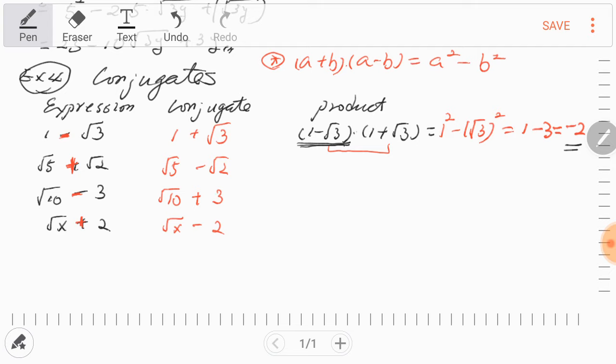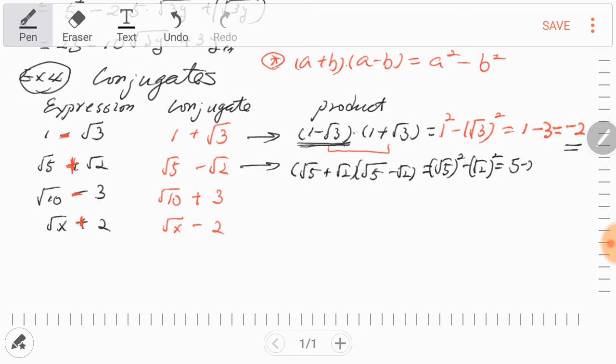Multiply the binomial by its conjugate, and the result will be a squared minus b squared. So square root of 5 squared minus square root of 2 squared, which is 5 minus 2, so that is 3. The result has no radicals at all.